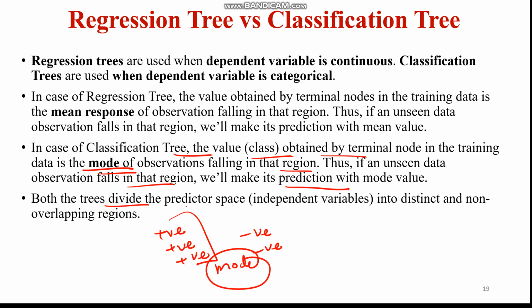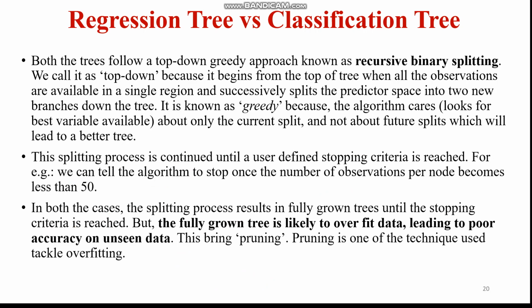Both the trees divide the predictor space, that is, the independent variables, into distinct and non-overlapping regions. Also, both of these trees follow a top-down approach. You should always remember that when we implement CART, classification and regression trees, the top-down approach is followed, because we always start with the root node.